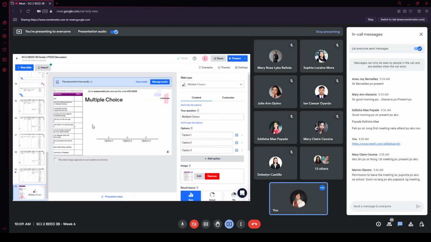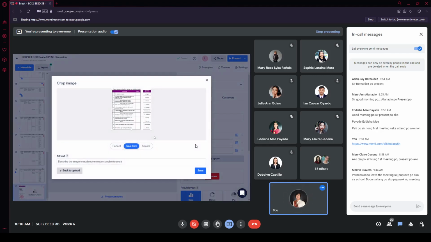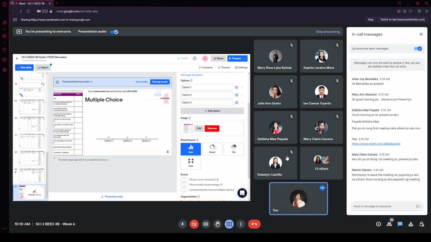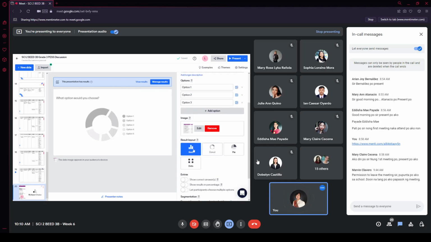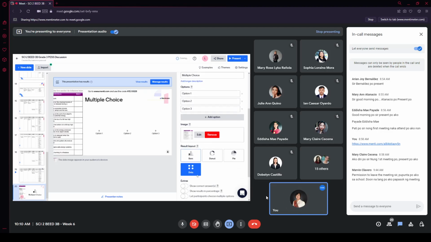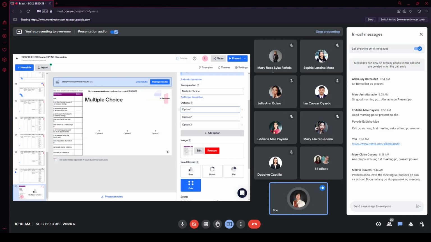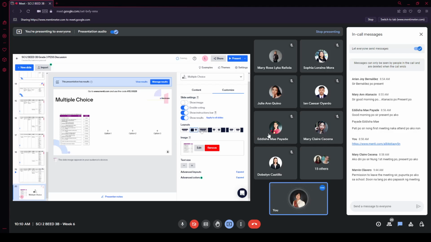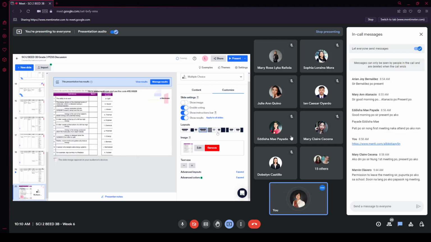Let's edit this one. I don't think you can see it. Let me just adjust the image because it's not visible. Bars, donuts, dots, pie. Let's use dots. And then customize. Okay, yeah, this should be a better setting.